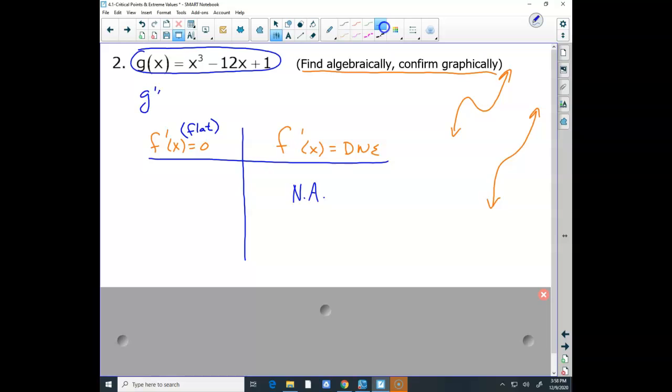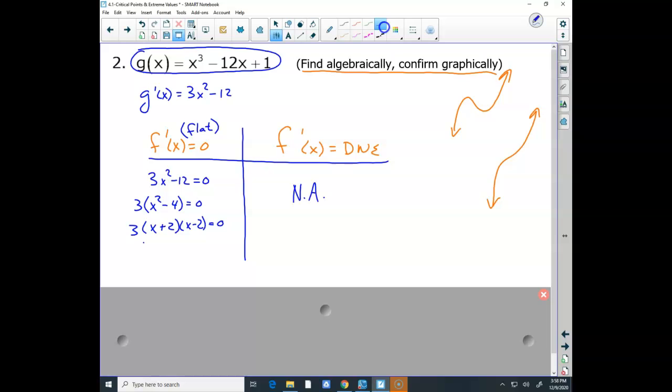Well, g prime of x is going to equal 3x squared minus 12. So I can take that derivative, 3x squared minus 12, and set it equal to 0. I'm a factoring freak, so I'm going to pull my 3 out and say x squared minus 4 equals 0. Then x plus 2 times x minus 2 equals 0.